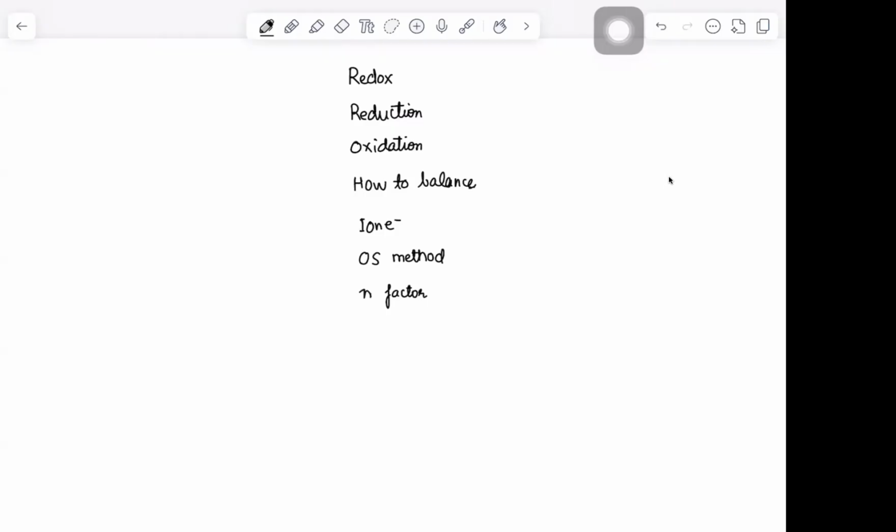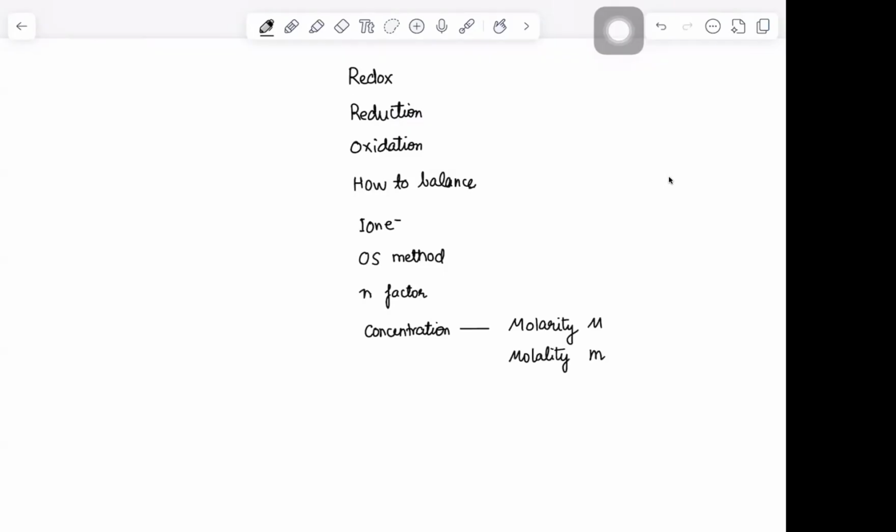Then come terms of concentration. So when you say concentration, terms like molarity, okay?